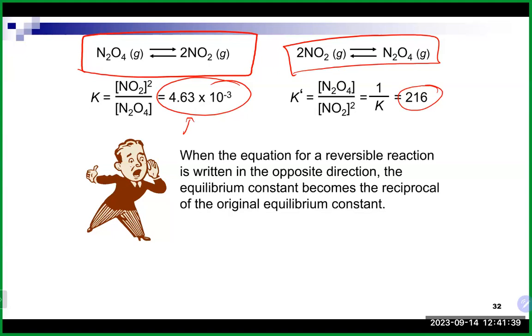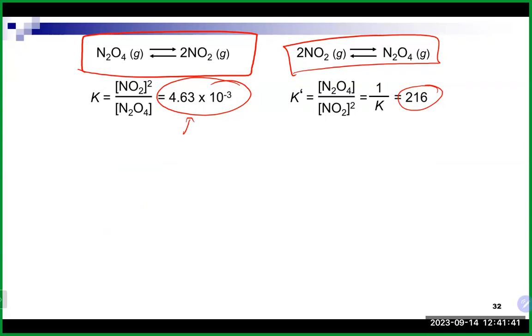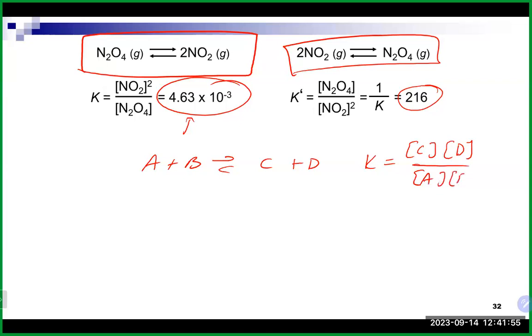Let's talk about a couple other things that we may have to do to a reaction. Let's say we had A plus B goes to C plus D, right? If we write our equilibrium expression here, that would be C and D divided by A and B. But what happens if I don't need just one A, but maybe I need 2 A's, which means I need to multiply this entire equation by a common number, like 2, for example?